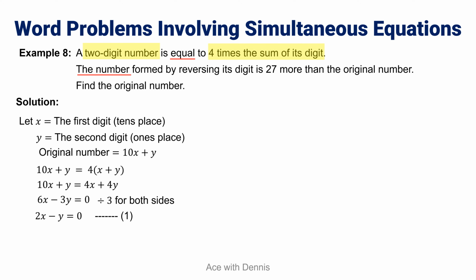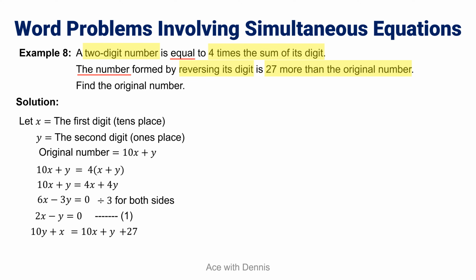Then I move on to the second sentence. The number formed by reversing its digits. Okay, so from here, when I reverse the digits, it becomes 10y plus x. Okay, it is 27 more than the original number. So what does it mean? It means it is equal to the original number 10x plus y plus 27.